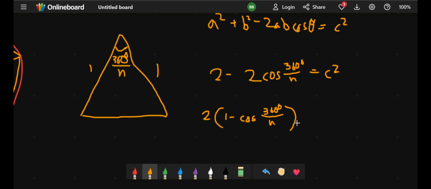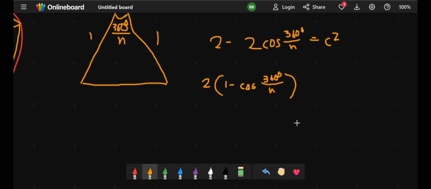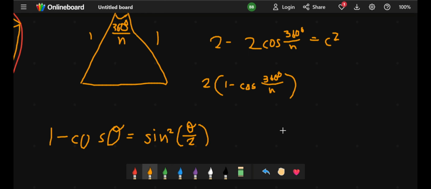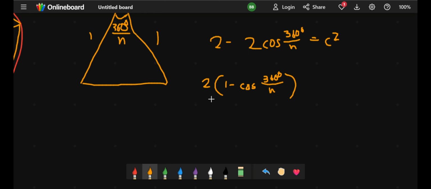But still, how are we going to take the square root? This is important. We're going to use an incredibly special trig identity. That trig identity says 1 minus the cosine of theta is equal to 2 sine squared of theta over 2. This is quite a useful trig identity, particularly in this case.